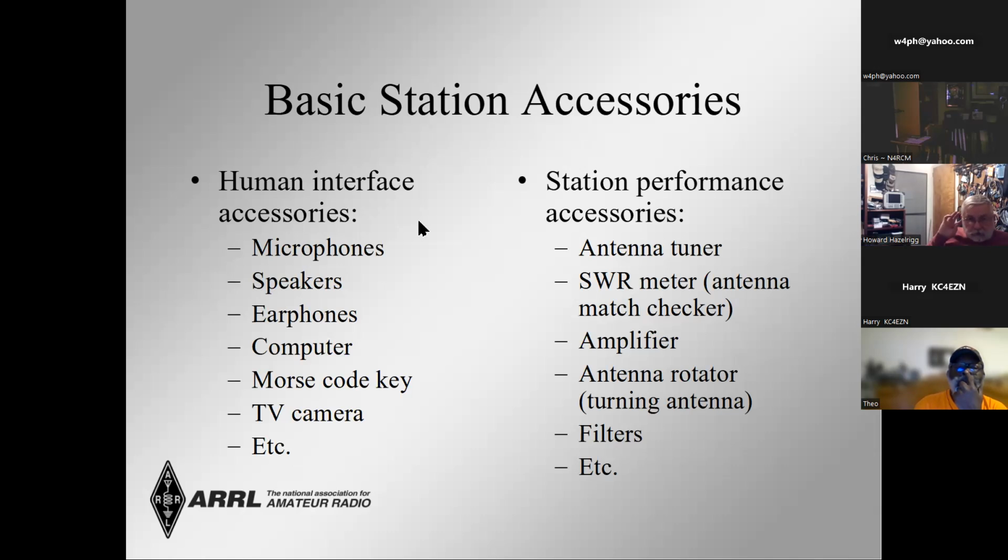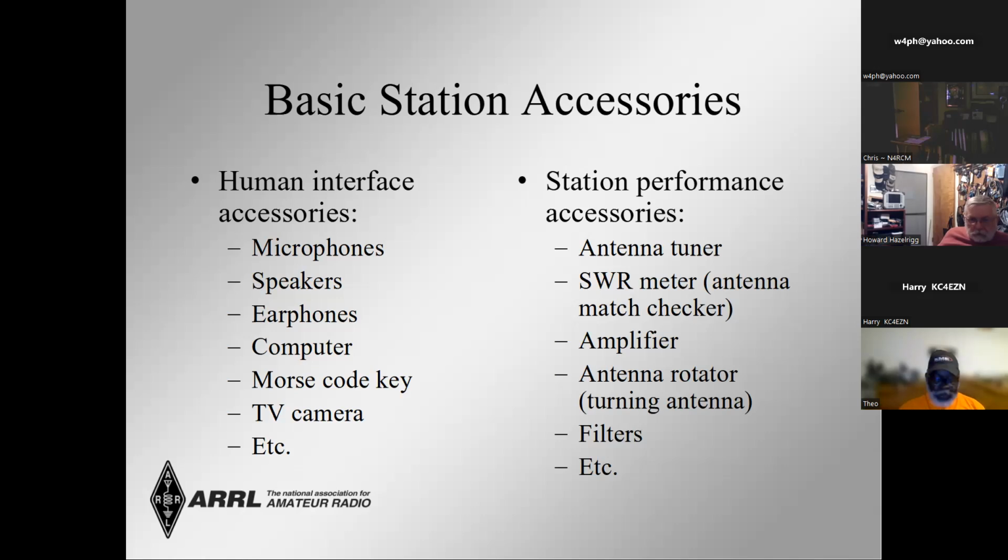Basic station accessories. Human interface accessories: microphones, speakers, earphones, computer, Morse code key of some type, TV camera, and whatever you're interested in using with your radio.